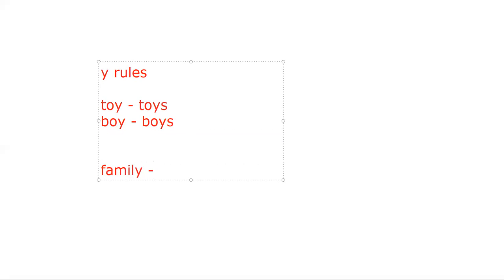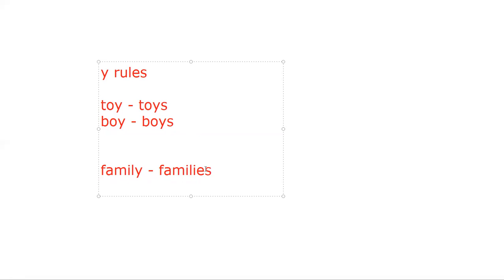But if it is not a vowel and it's a consonant, then Y will be removed. And what will come instead of Y? Instead of Y, what will come? I. I, ma'am. Yes. So IES. So it becomes IES. Can you give me more examples?